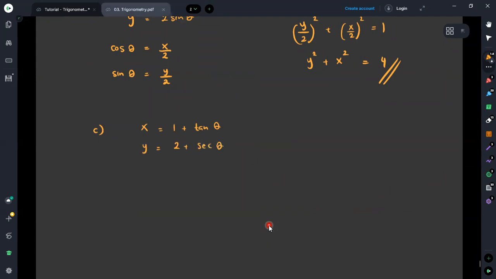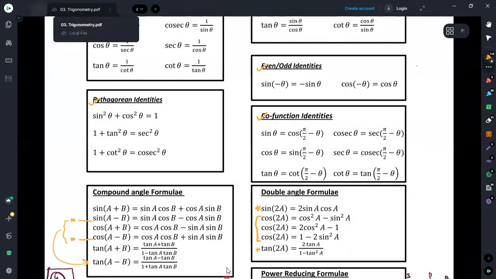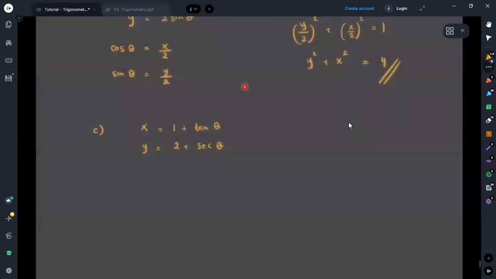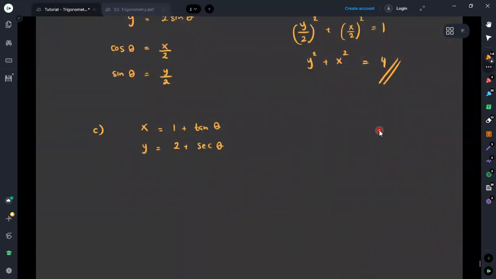According to the Pythagorean identity, what we have identified was 1 plus tan squared theta equals sec squared theta. Then using that concept, we can consider this calculation.